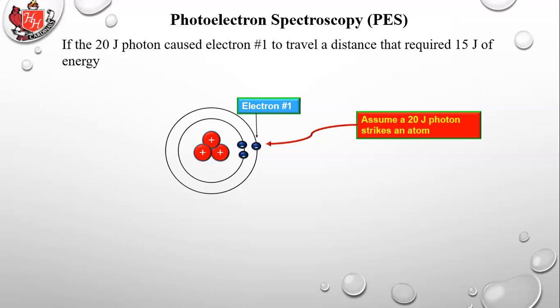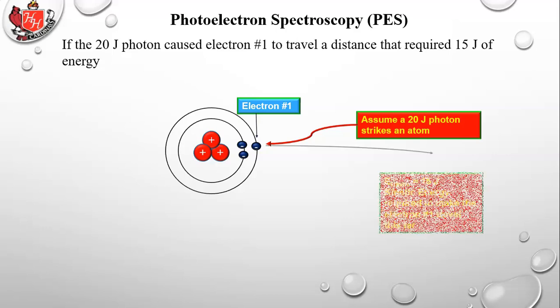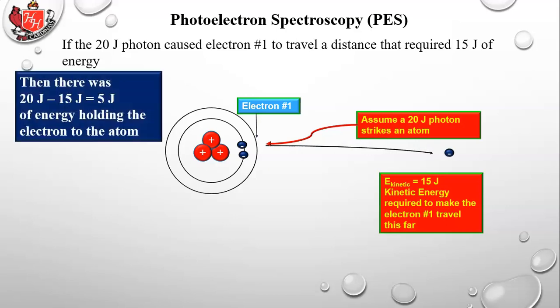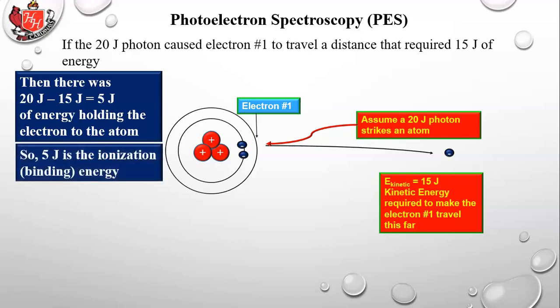So if the 20 joule photon caused electron number 1 to travel a distance that the scientists knew required 15 joules of energy, so the kinetic energy, 15 joules, required to make electron number 1 travel that far. So there was 20 minus 15 equals 5 joules of energy holding the electron to the atom. So 5 joules is the ionization or binding energy of that specific electron.